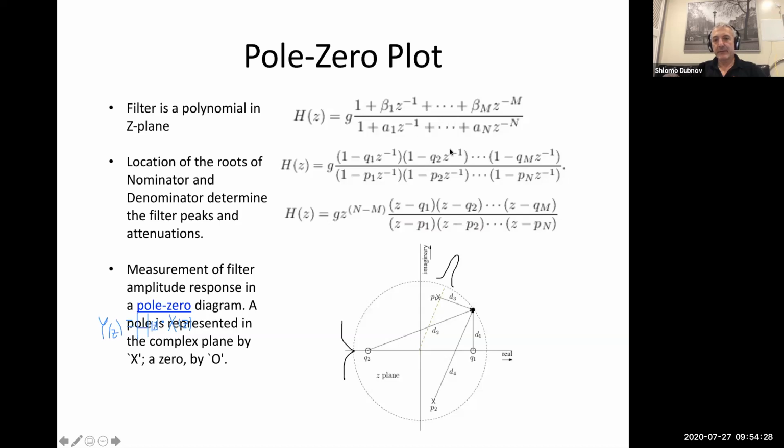Q will be the roots of the top part, the numerator, and the bottom will be the roots of the denominator. We can either write them this way, or rewrite them by moving outside the z to the power of whatever the rank is. But you can see that what we have is this expression.